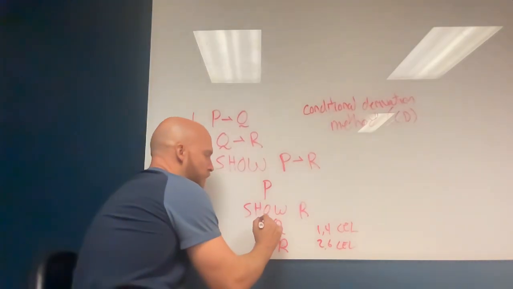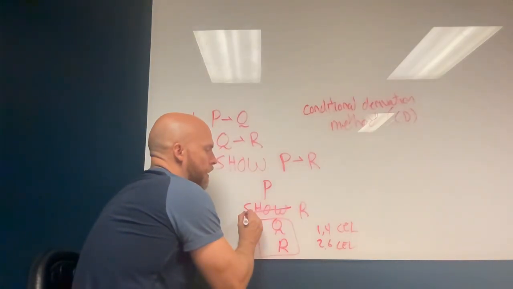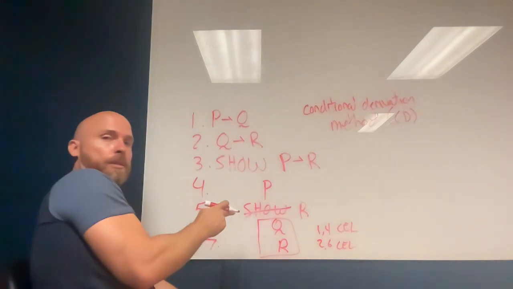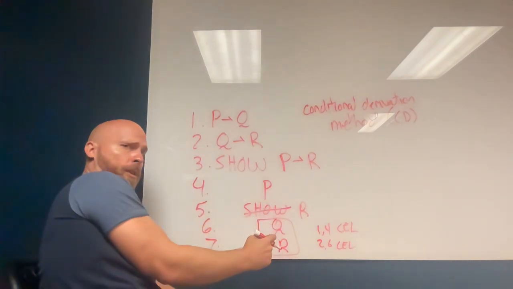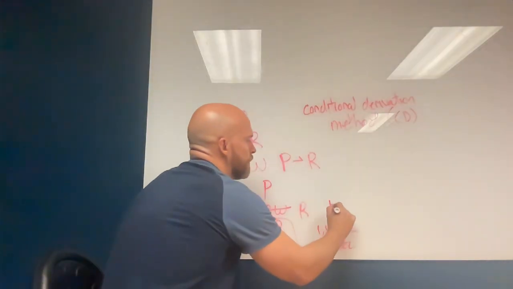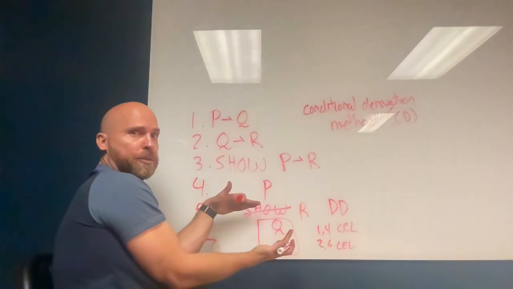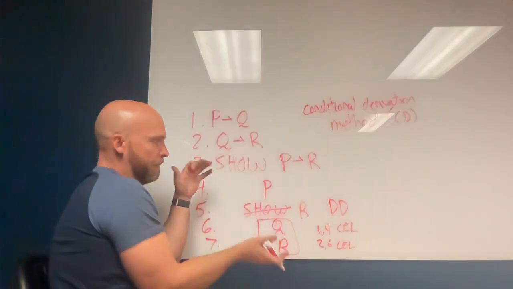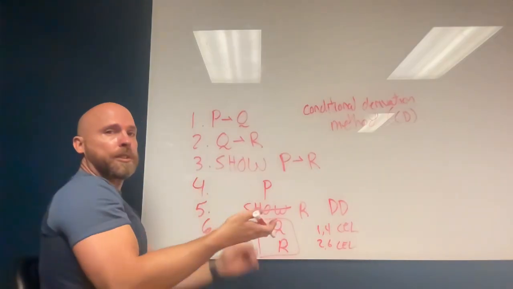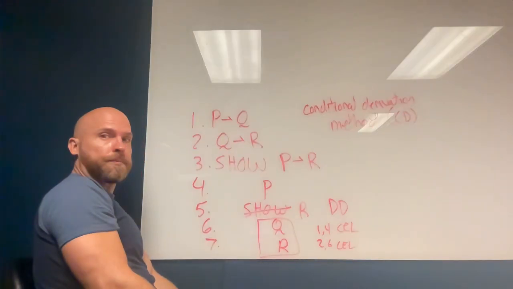I just showed R. Now I showed R in this little subargument using direct derivation, because within this little microscopic universe, I just used direct derivation rules, conditional elimination. I used it twice, and I was able to infer R.